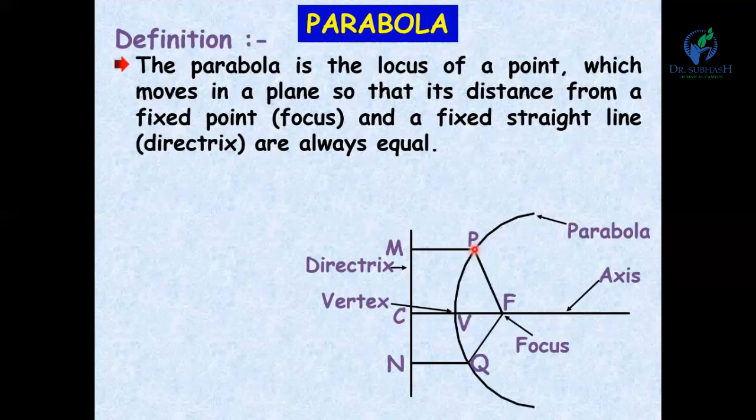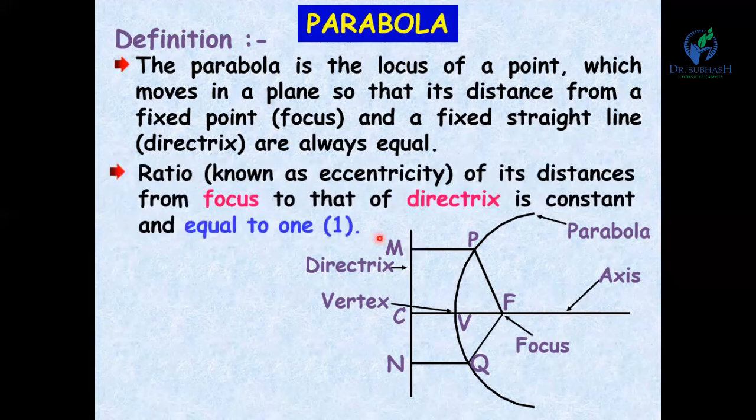If we take the point P on this curve, then PF is equal to PM. So the distance from the focus is equal to the distance from the directrix. So the ratio of its distances from the focus to that of the directrix is constant and equal to 1.